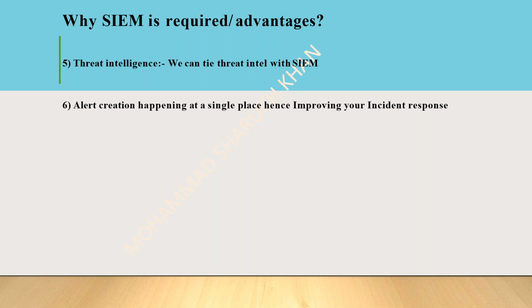So whenever a breach happens, you get an alert from a centralized location, that is the SIEM. And since you know that a breach has happened, you can respond to the incident accordingly and more efficiently. You are improving your incident response and utilizing the SIEM at its best.